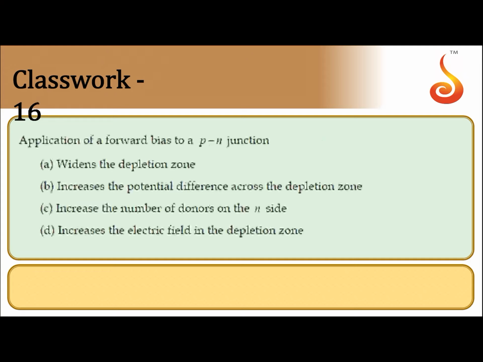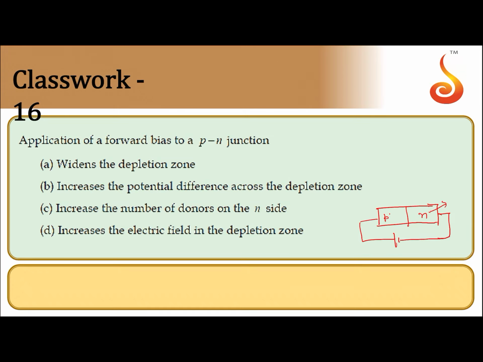So when you apply forward bias to PN junction, see in forward bias, P type is connected to positive of the battery, N side is connected to negative of the battery. So the electrons are pushed into N side and holes are pushed into P side.